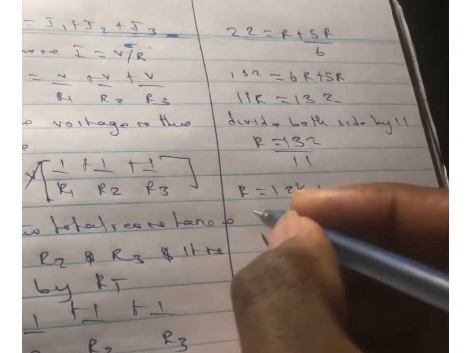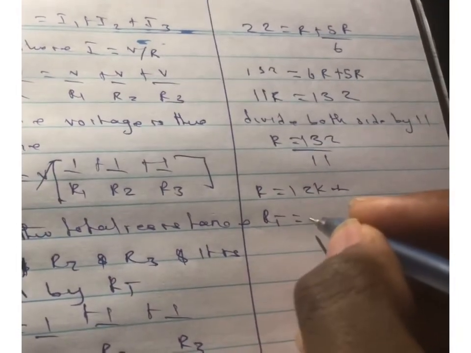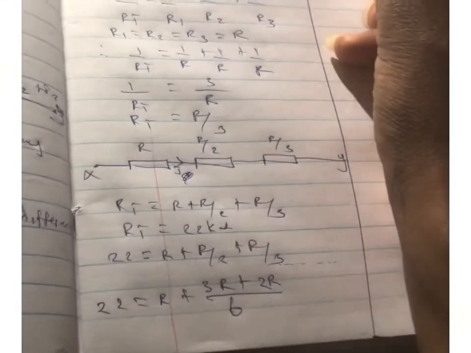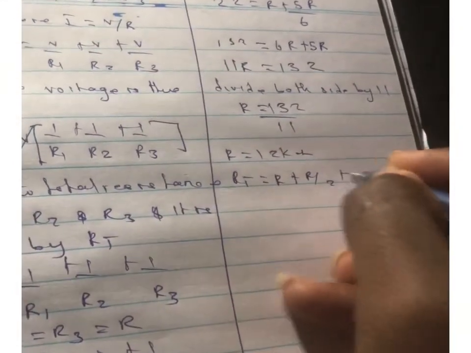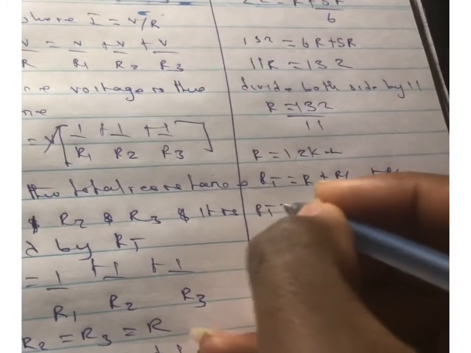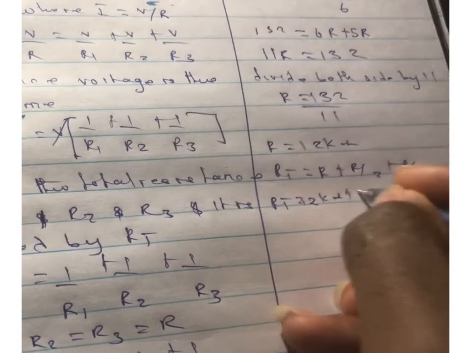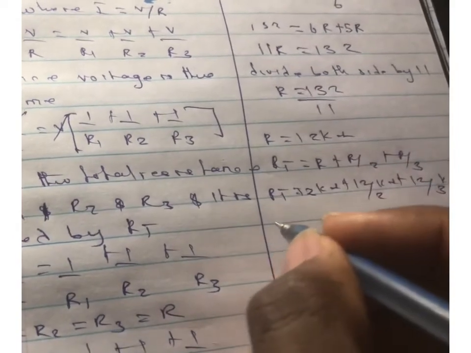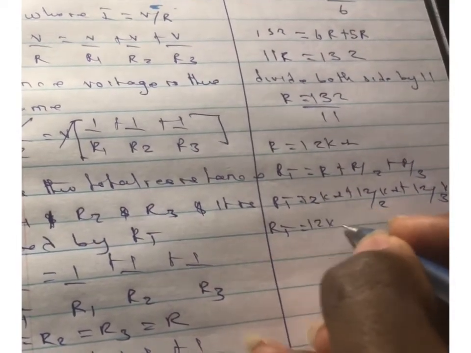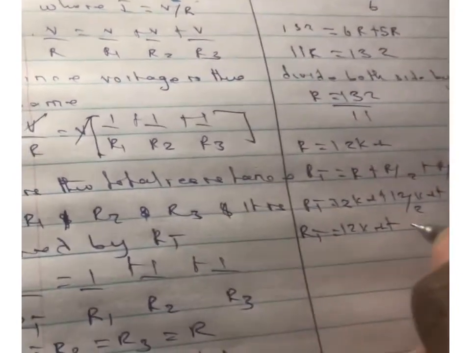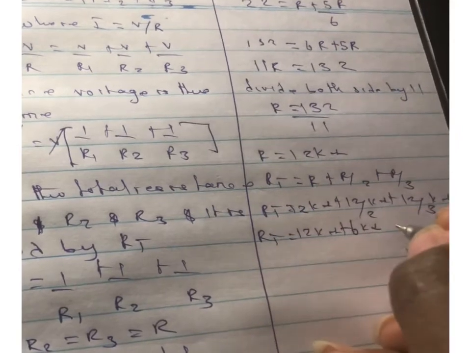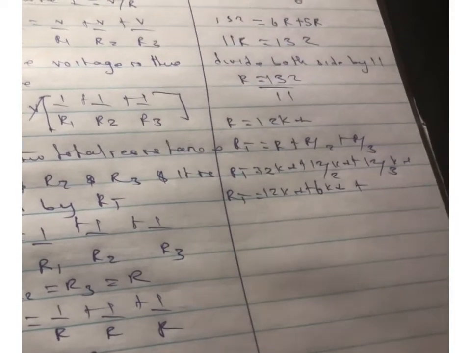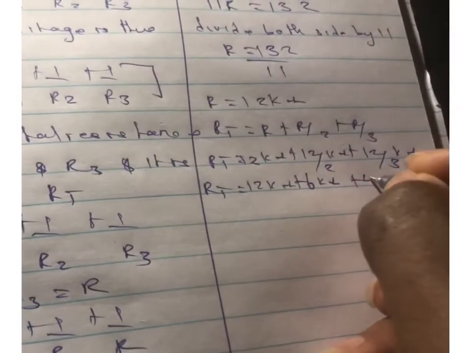So it means now for us to get RT, since we know that RT is the same thing as R plus R over 2 plus R over 3, RT will now be 12 kilo ohms plus 12 over 2 kilo ohms plus 12 over 3 kilo ohms. 12 kilo ohms plus 12 over 2 is 6 kilo ohms, plus 12 divided by 3 is 4 kilo ohms.